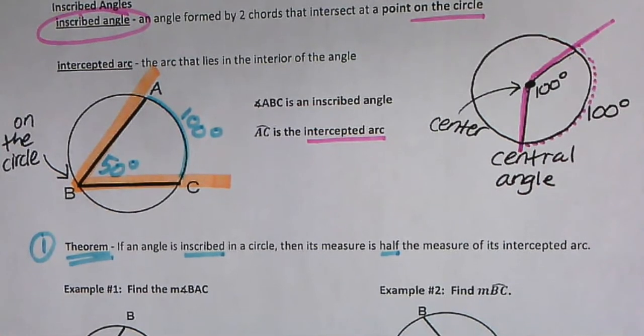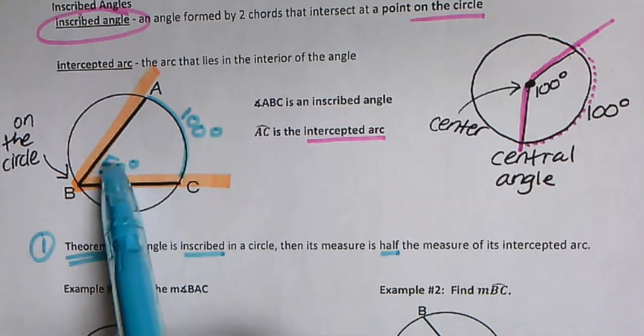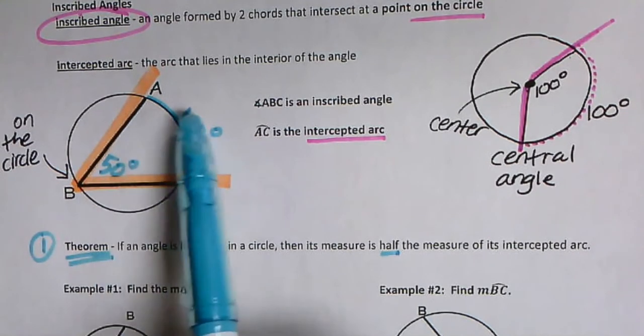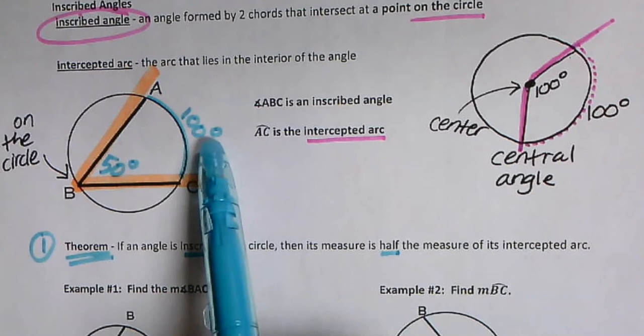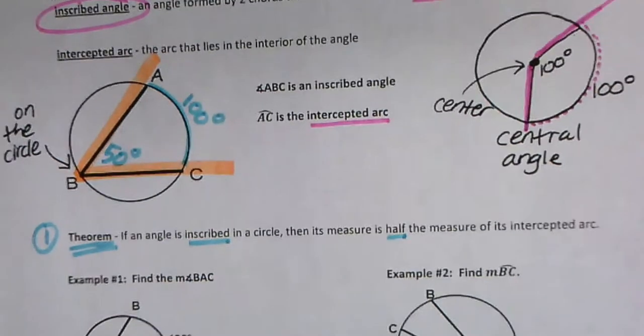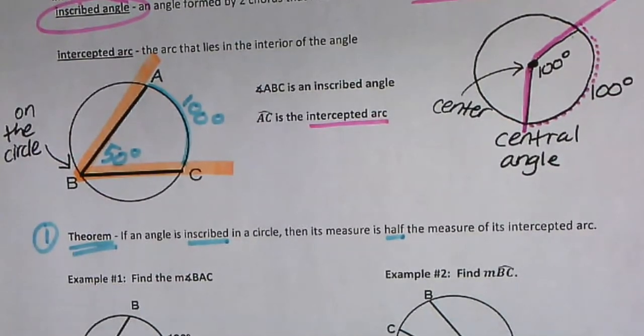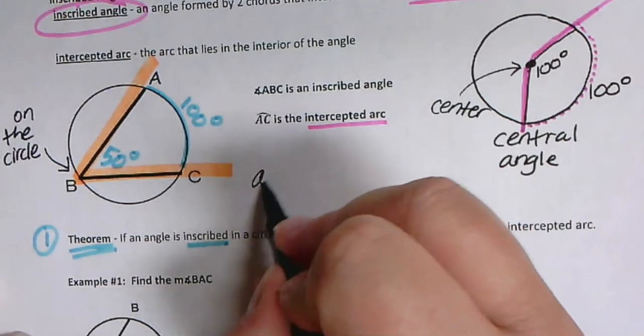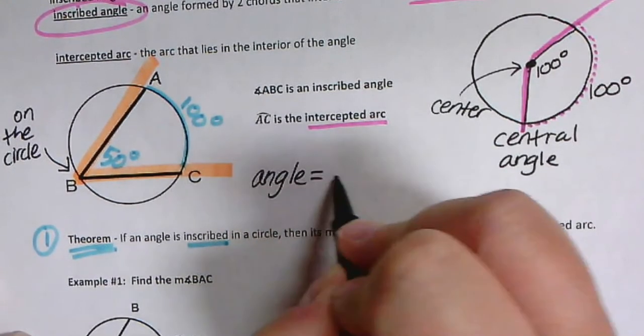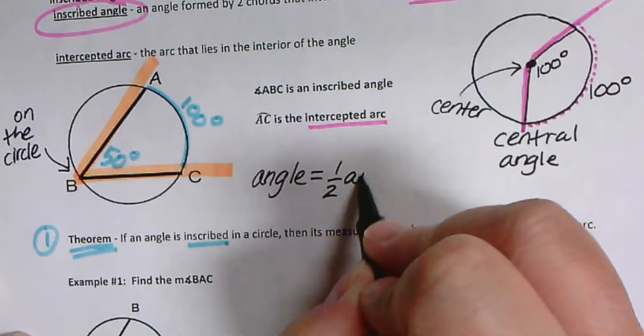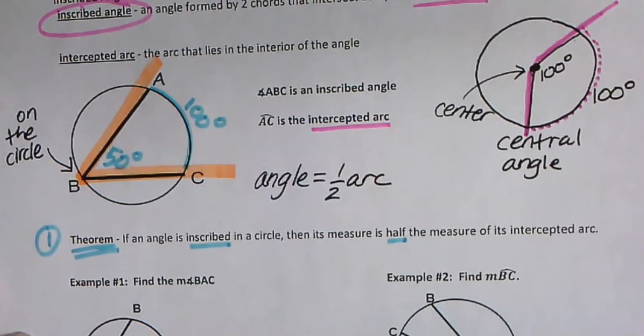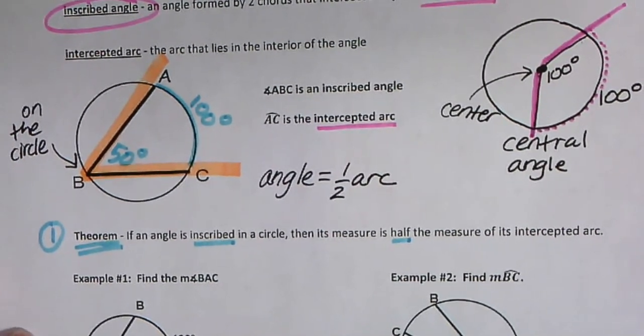Okay? Now keep in mind, it works both ways. You can think of it as if the angle is half the arc, then the arc is twice as big as the angle. And sometimes I like to write this on my paper when I'm dealing with inscribed angles, exactly what I just said. Angle is half the arc. Okay, so that might be something you do on your homework.